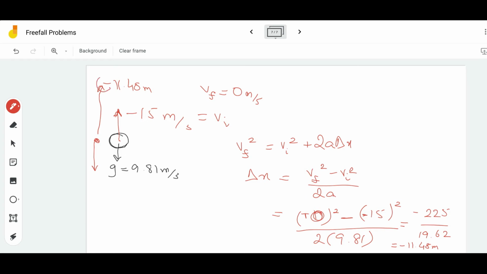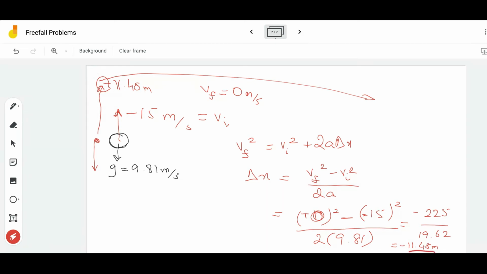Now, why is there this negative sign? That is a very valid question. Remember when I said that you're starting at this point, and this is our origin, and everything downwards is measured as positive, and everything upwards is measured as negative. Because you're traveling upwards, your displacement for this leg of the journey is going to be negative.